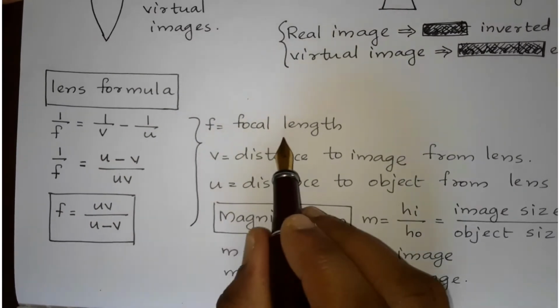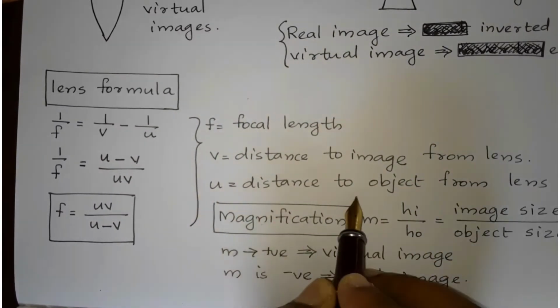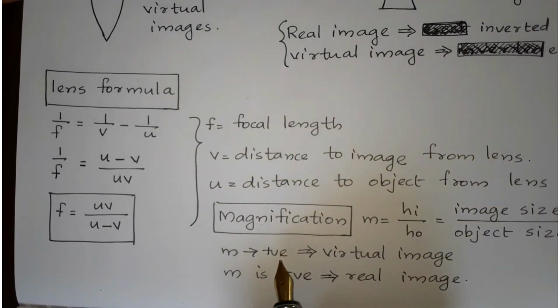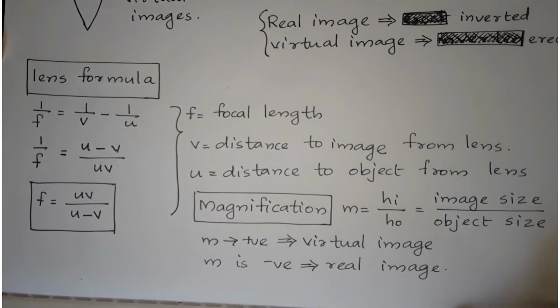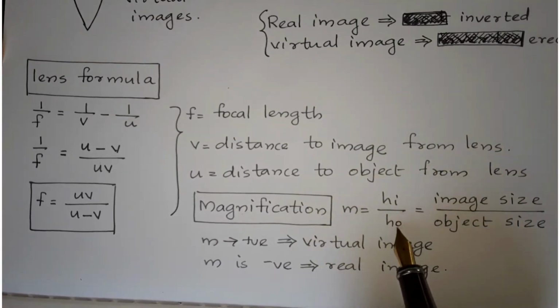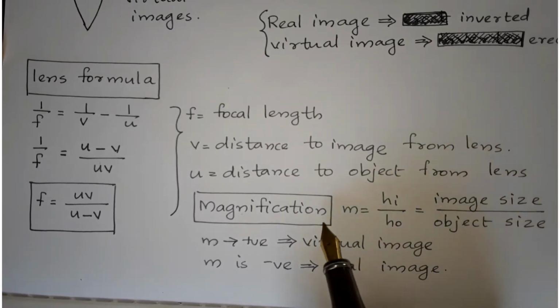Now f is the focal length and v is the distance to image from lens and u is the distance to object from lens. Next important point is magnification. M is given as hi by ho, height of the image by height of the object, or we can say image size divided by object size will give magnification.